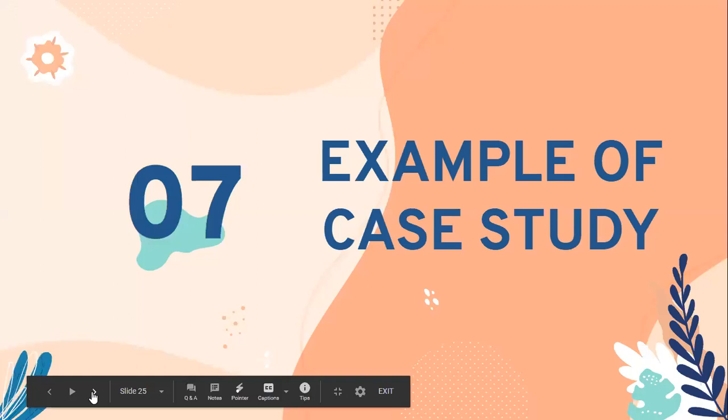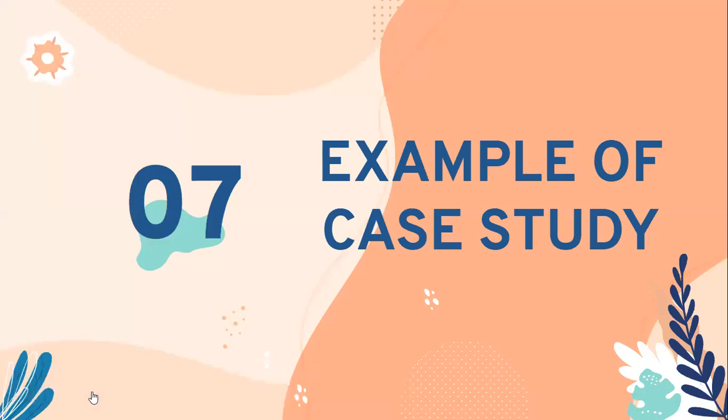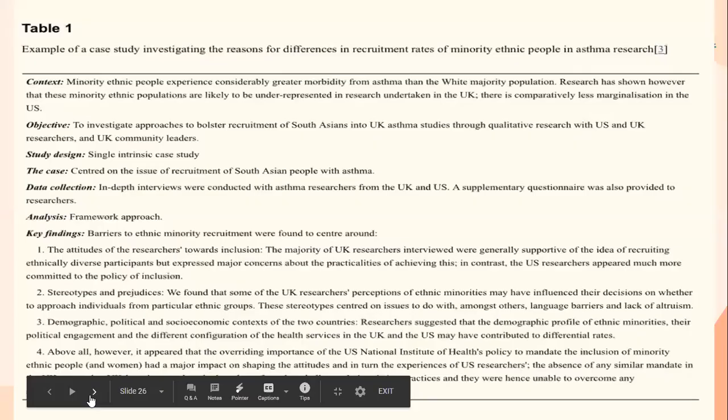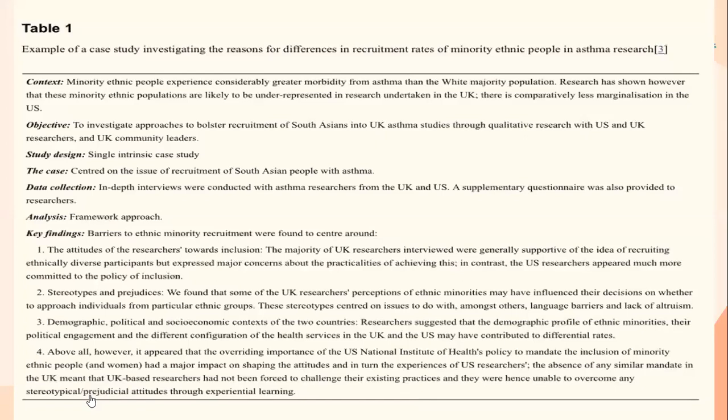And lastly is an example of a case study. This is one example, which investigates the reason for differences in recruitment rates of minority ethnic people in asthma research. The objective of this case study is to investigate approaches to bolster recruitment of South Asians into UK asthma studies through qualitative research with US and UK researchers and UK community leaders.